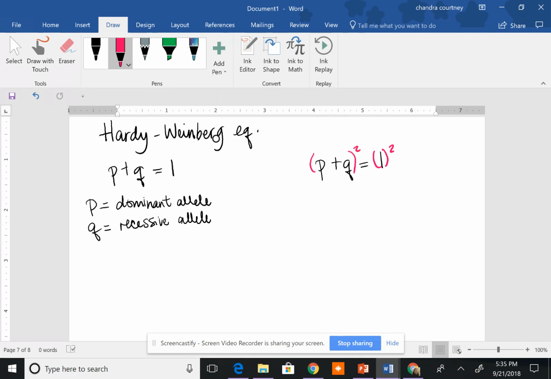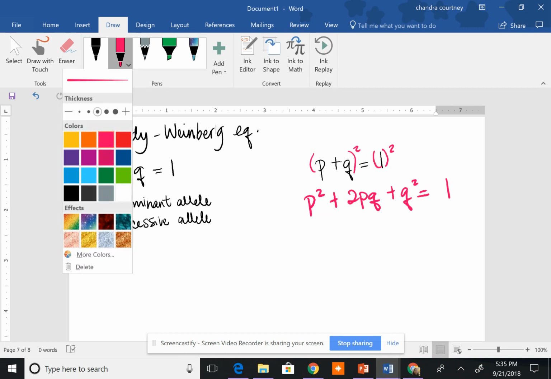Squaring a binomial, sorry about that, tired, the result is going to be P squared plus 2PQ plus Q squared also equals 1. Well, we know that P is the dominant allele, and we know that Q is the recessive allele. What do these other things mean? Where do they come from? What's their purpose?